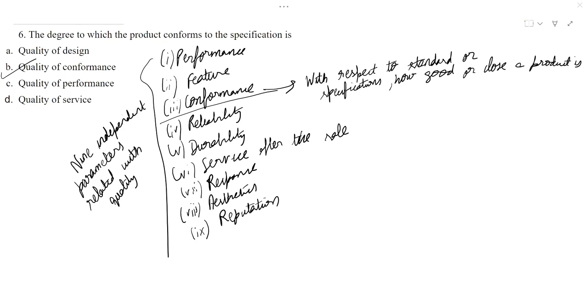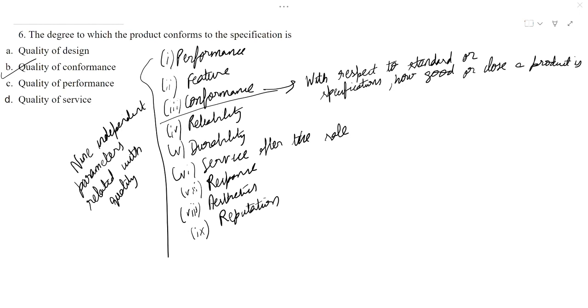Design means quality of design, quality of performance, quality of service. Quality of services is service after sale, regular maintenance that is available. Quality of performance is the first quality: when a product is delivered to the customer, how good it performs during the use. That is the primary function. And quality of design is the feature.